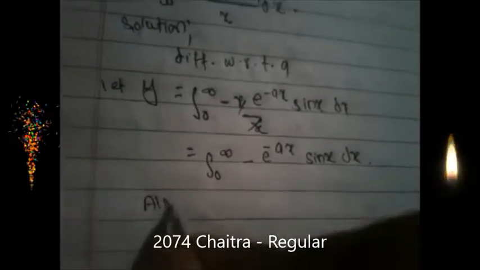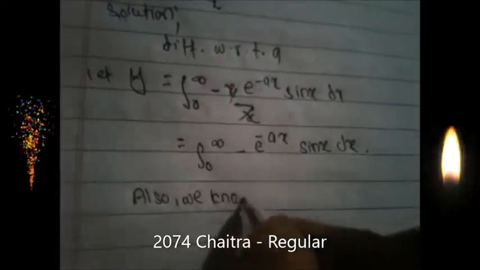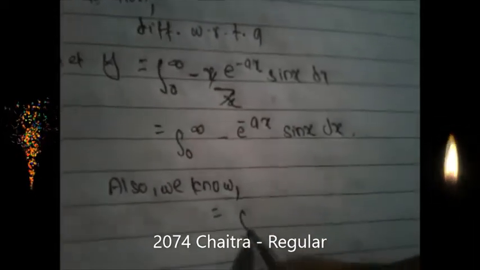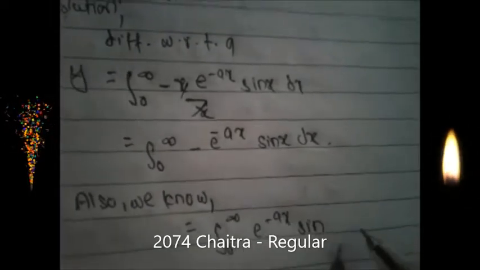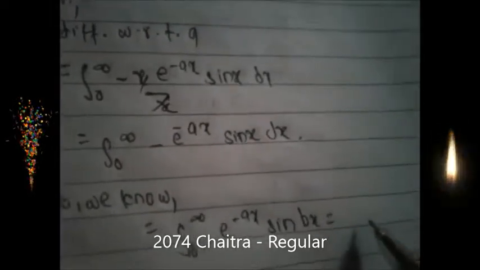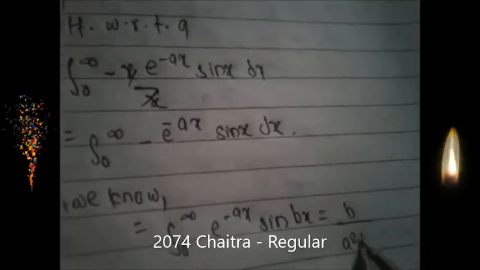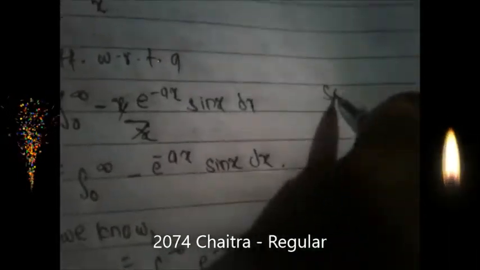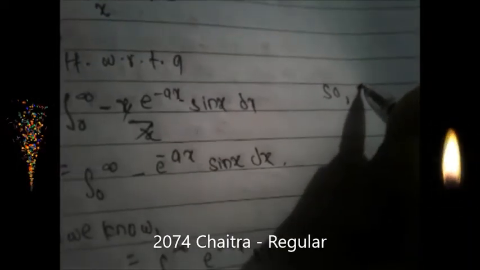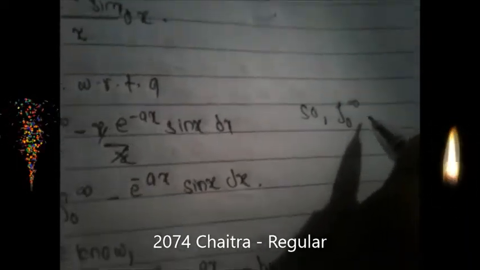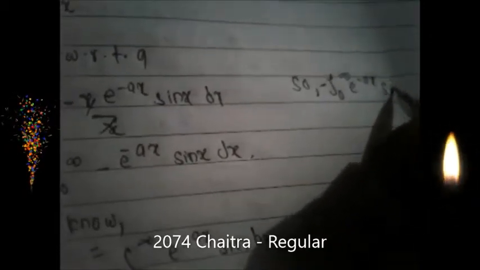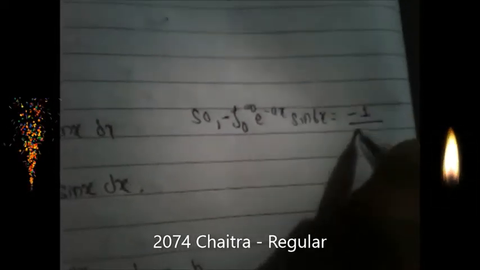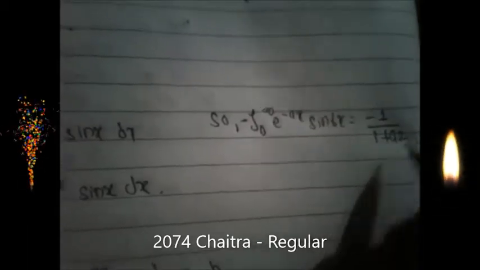Also we know that the integration from 0 to infinity of e to the power minus ax sin bx is equal to b by a square plus b square. So we can write the integration from 0 to infinity of minus e to the power minus ax sin x is equal to minus 1 upon 1 plus a square.